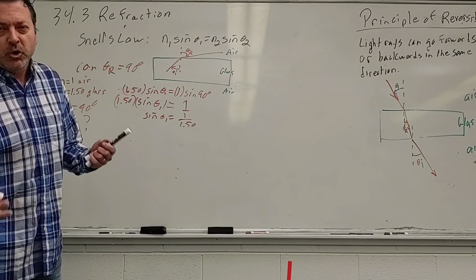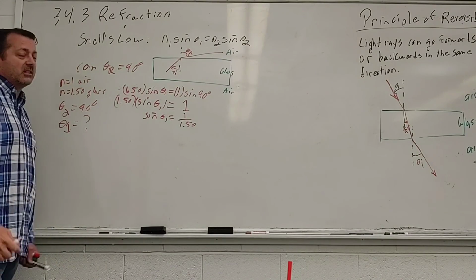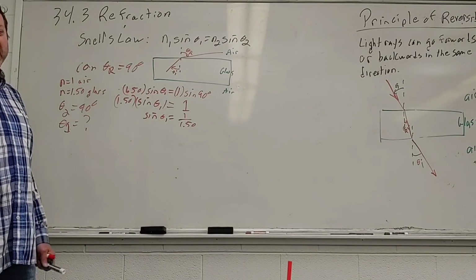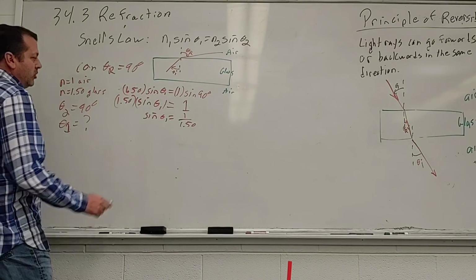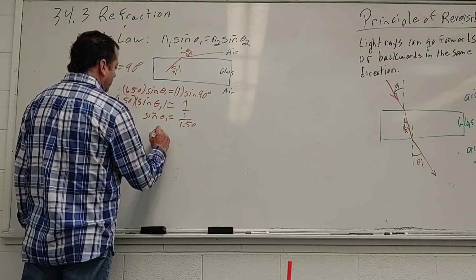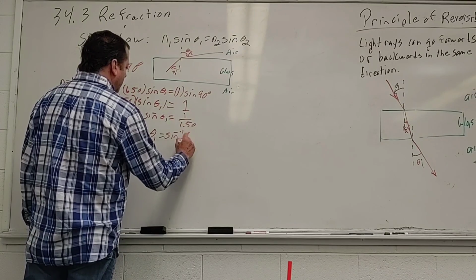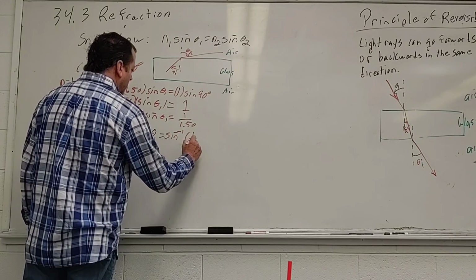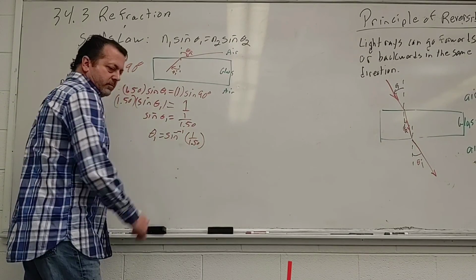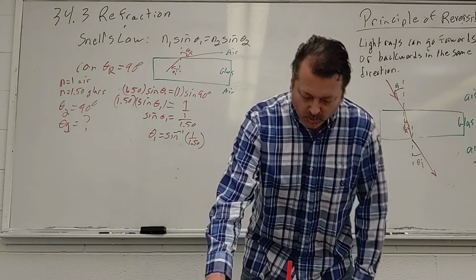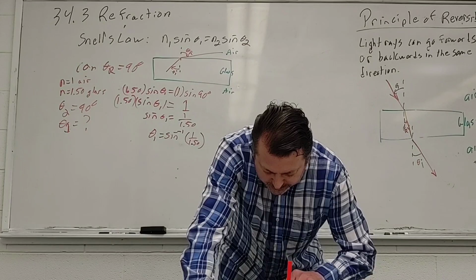By the way, there are no units for index of refraction, since it's a ratio, so it just doesn't have a unit. So theta 1 will equal the inverse sine of 1 over 1.50.